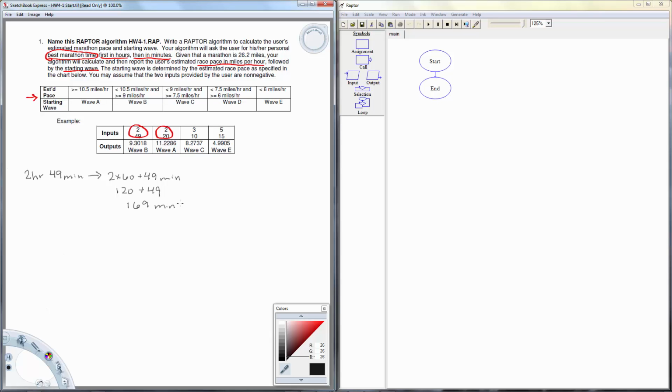But what we'd like to do is take this 169 minutes in a 26.2 mile marathon race and turn this into miles per hour for a marathon. We want miles per hour. If we divide 26.2 miles by 169 minutes, we'll need to convert our minutes to hours.